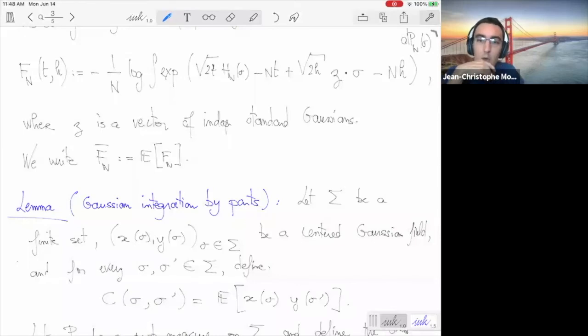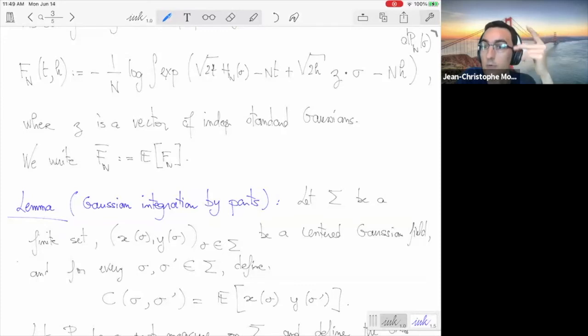So why is it an integration by parts? Like last week, there's something special about these Gaussians: if G is a standard Gaussian and F is some smooth function, then the expectation of G times F of G is the same as the expectation of F prime of G. This is true because if you write the integral explicitly, you do integration by parts against the density of the Gaussian.